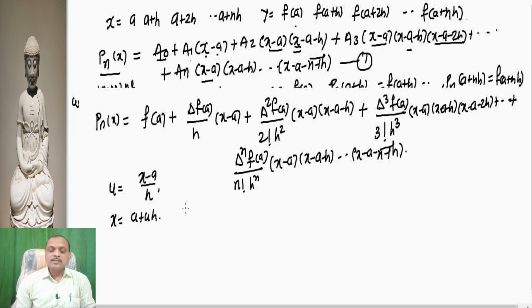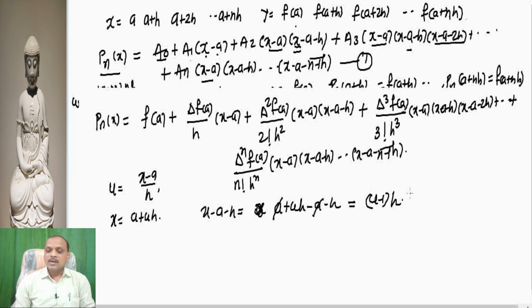Then x minus a minus h, you can see x is a plus uh, minus a minus h, so a gets cancelled and this is equal to u minus 1 into h.